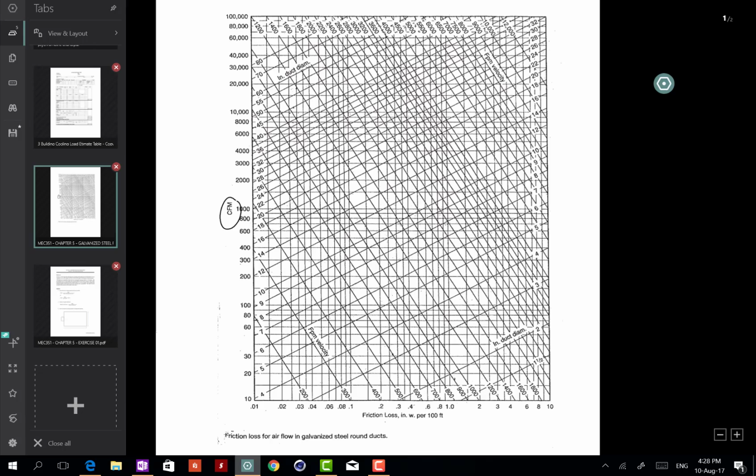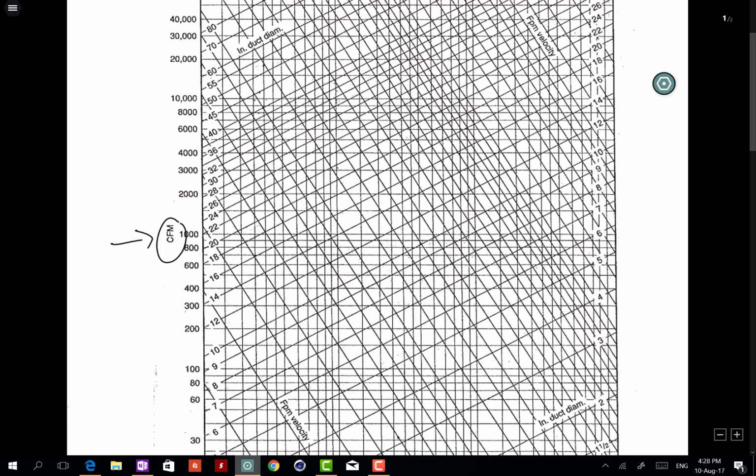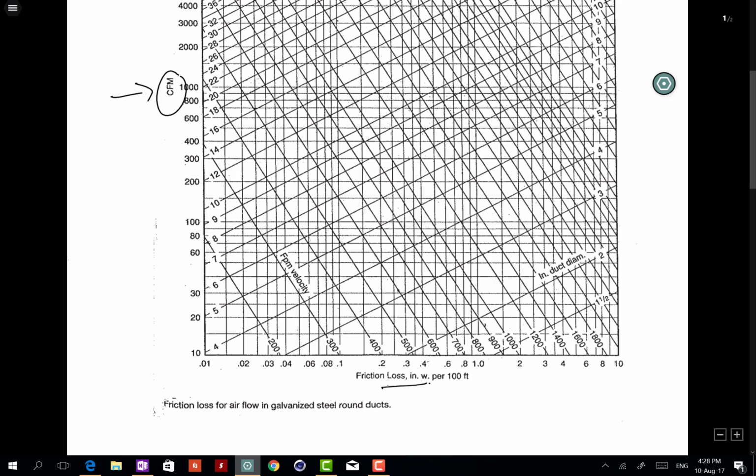First we refer to our CFM 6400, goes here. So where is the point of intersection? You need to look at the x-axis, which is friction loss, our friction loss per 100 feet, not for each section, but per 100 feet. So this is 0.1. We drag it into the y-axis.